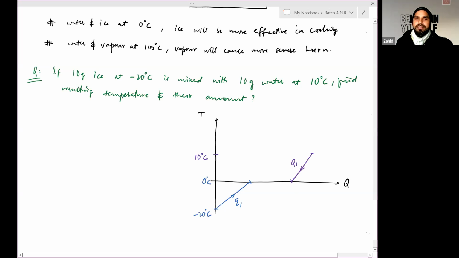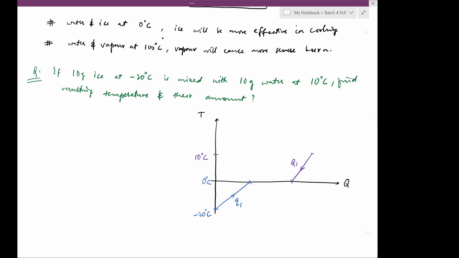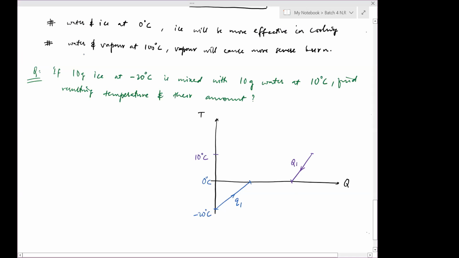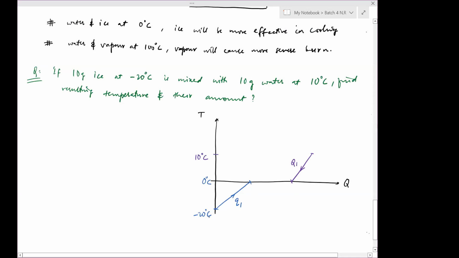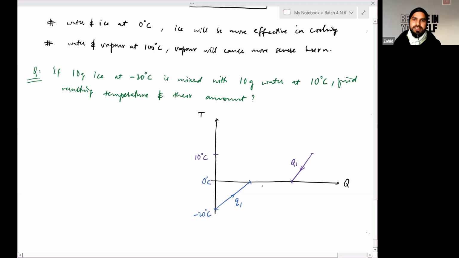Is it clear till this part? No, we are just considering the initial case: for ice to go from minus 20 degrees Celsius to 0 degrees Celsius, and for water to go from 10 degrees Celsius to 0 degrees Celsius.